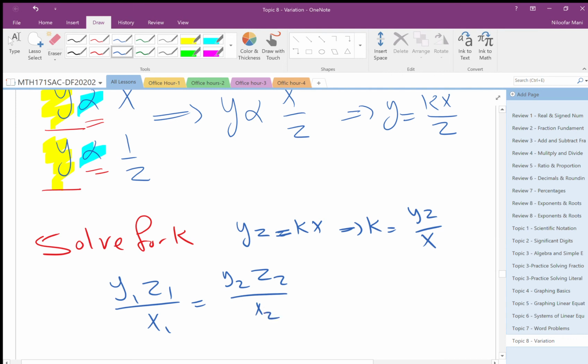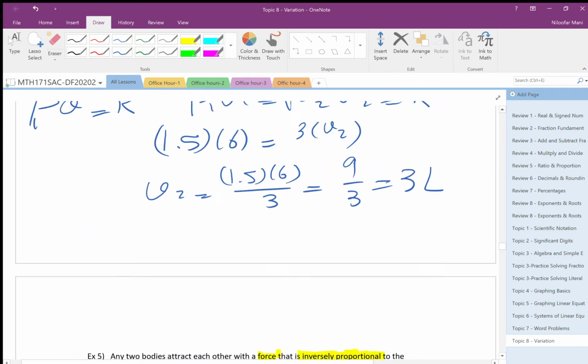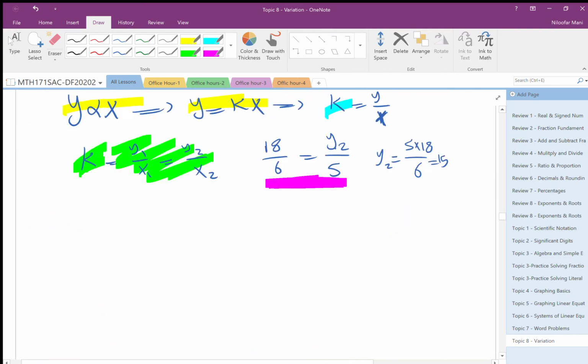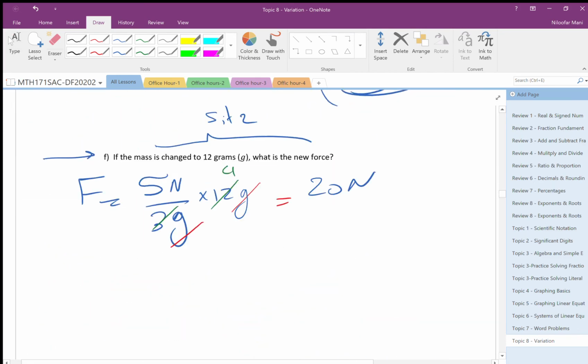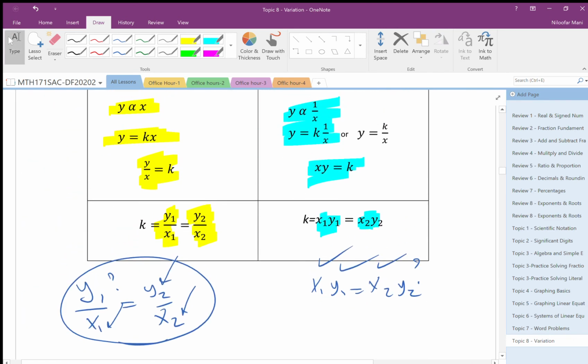See? When I have just two and I say direct, it's easy for me to find the formula. So when I just have two and it's direct, I can go to the formula page. Look at this, and I can memorize it. I say direct and it's just two, so it's this case, the yellow one.